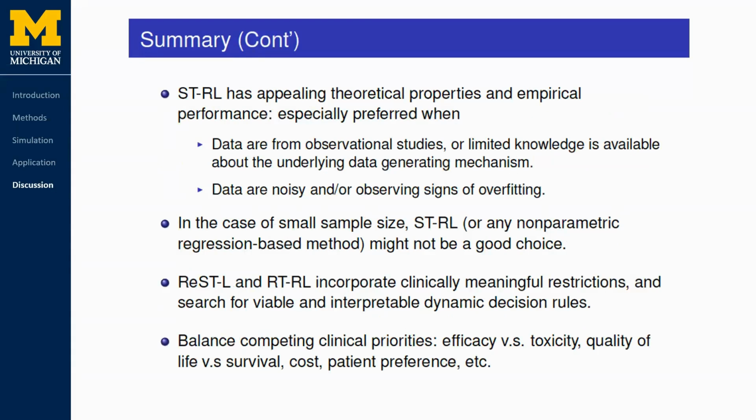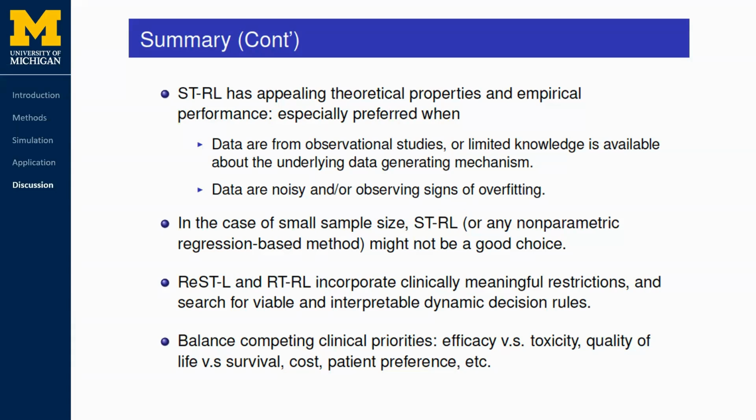We also want you to take home that stochastic tree-based reinforcement learning has appealing theoretical results and also empirical performance. When you observe that the data is very noisy, or you observe overfitting, this could be a choice to go with. Or if your data is from observational studies, I highly recommend this.